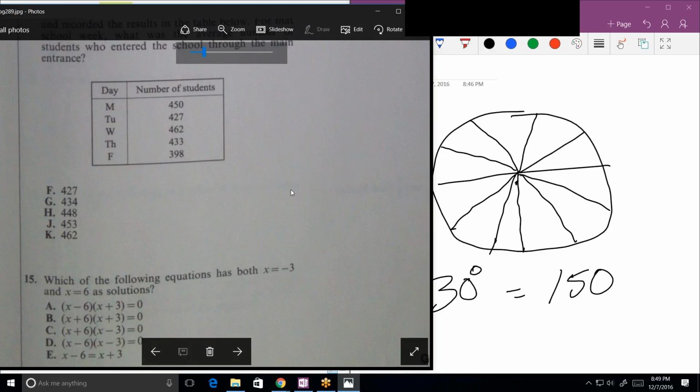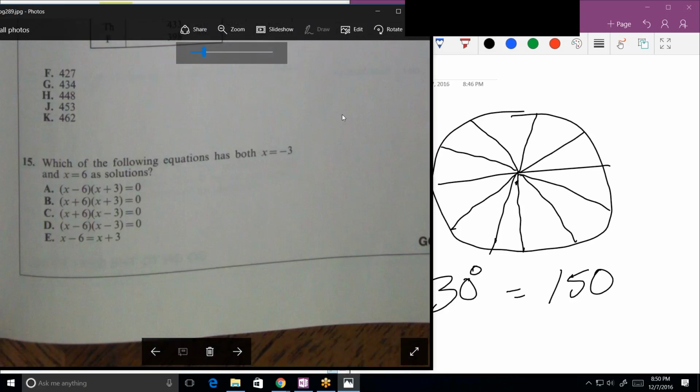Believe it or not, there's not very many problems that having a calculator helps, and I'll bet you there's even more that having a calculator hurts. It gets you going in the wrong direction.